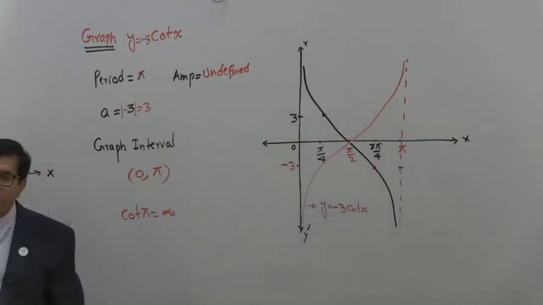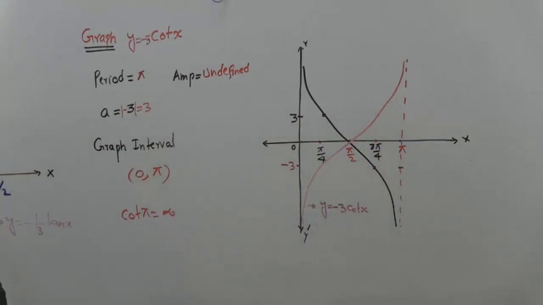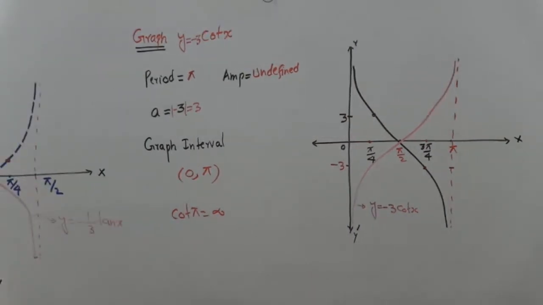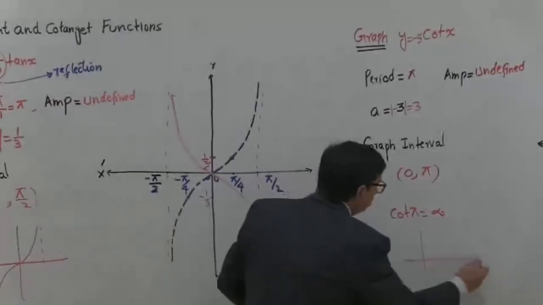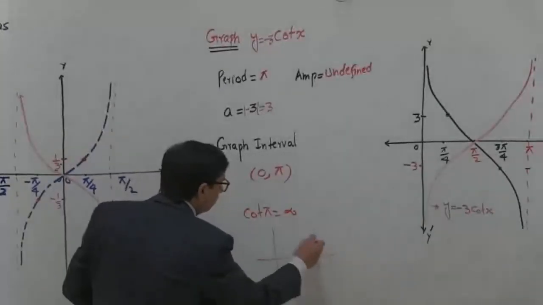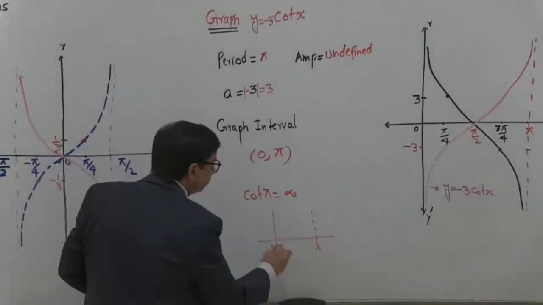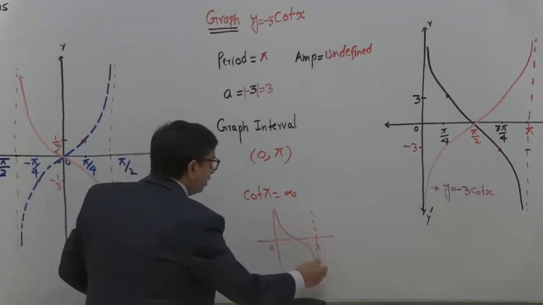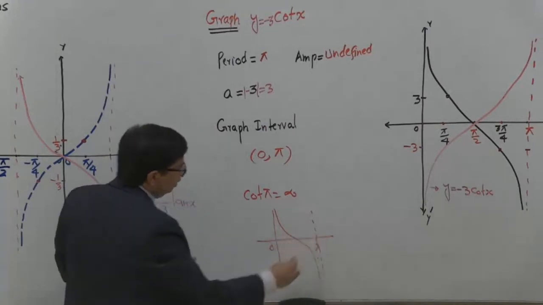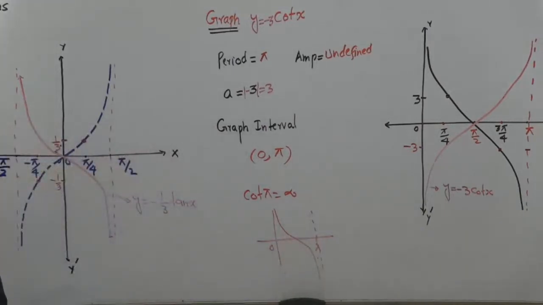The only thing is we have to remember the shape for the tangent function graph and the cotangent function graph. Whenever cotangent function comes, in case of cotangent, we have to graph between 0 to this one. And then you can make transformations on this one as given in the question.